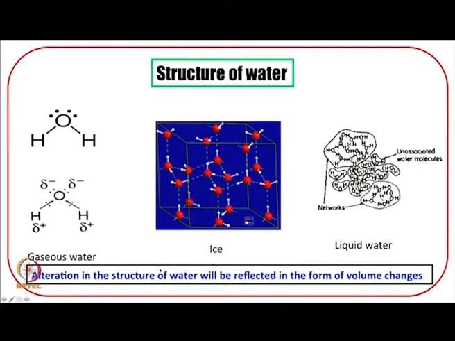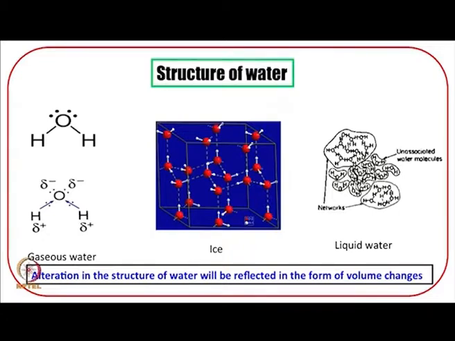This alteration in structure of water will be reflected in the form of volume changes. What I mean is, when you add a solute, if it strengthens the hydrogen bonding in water, then the volume will change, or if it disrupts the hydrogen bonding in water, then the volume will change.